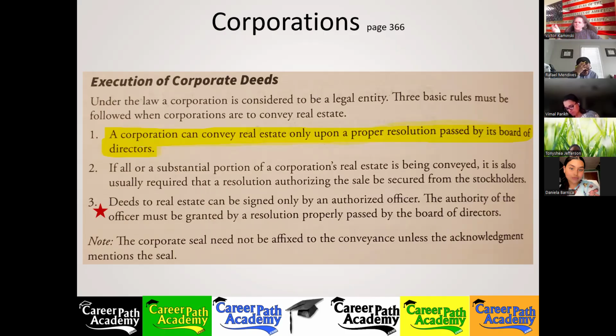So that board of directors will authorize somebody to act on behalf of that corporation. Note, the corporate seal does not need to be affixed to the conveyance unless there's an acknowledgement mentioning that you need to have the corporate seal affixed to any documents that are signed by the representative.